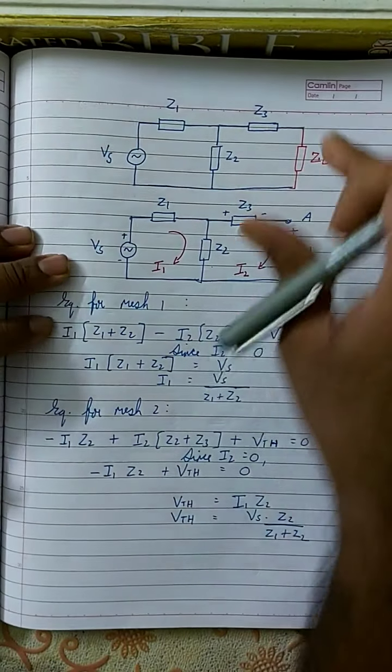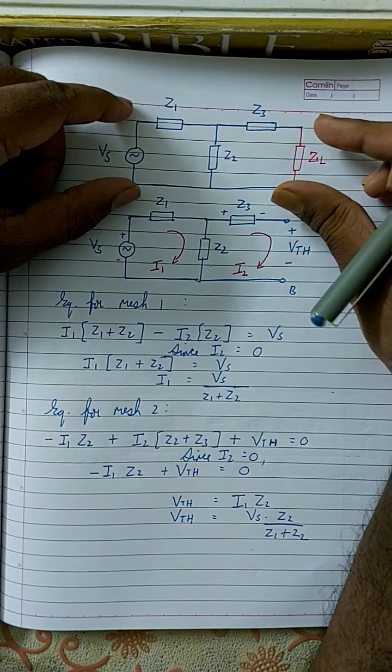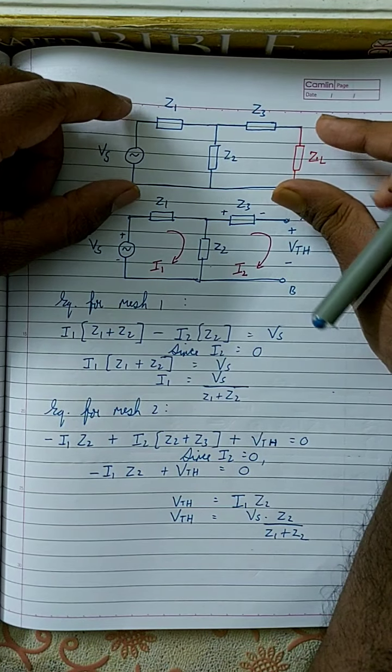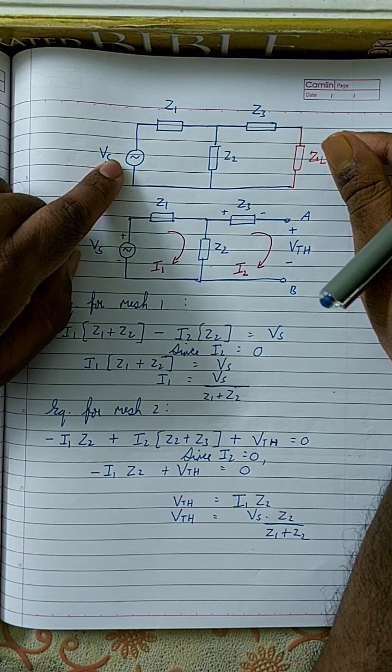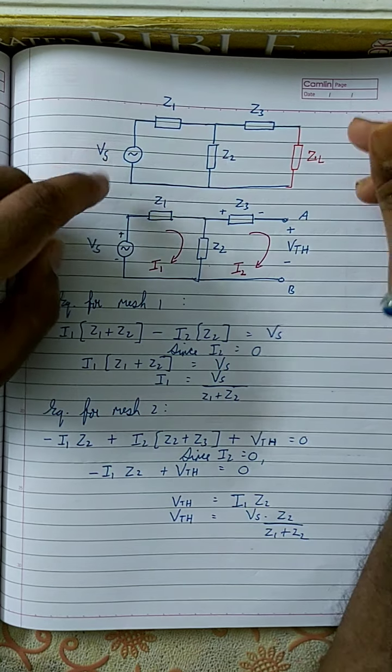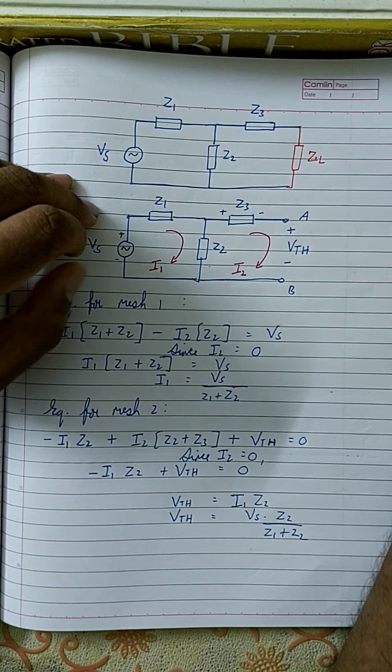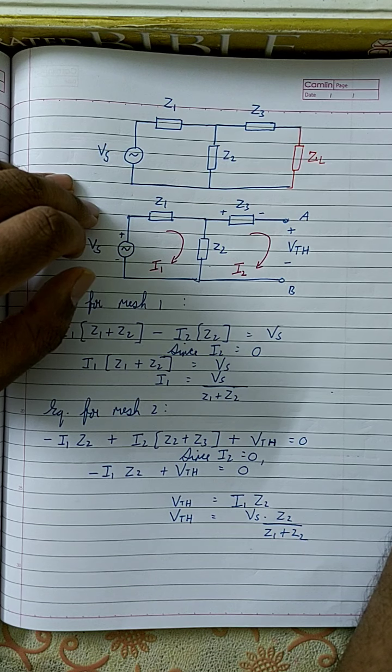And this time when I'm going to find the value of ZTH, I'm going to replace every voltage source with a short circuit. If there is any current source, I'm going to replace that current source with an open circuit.